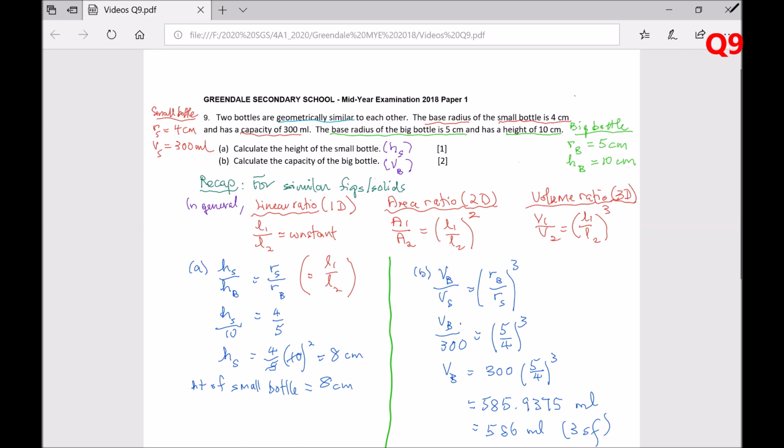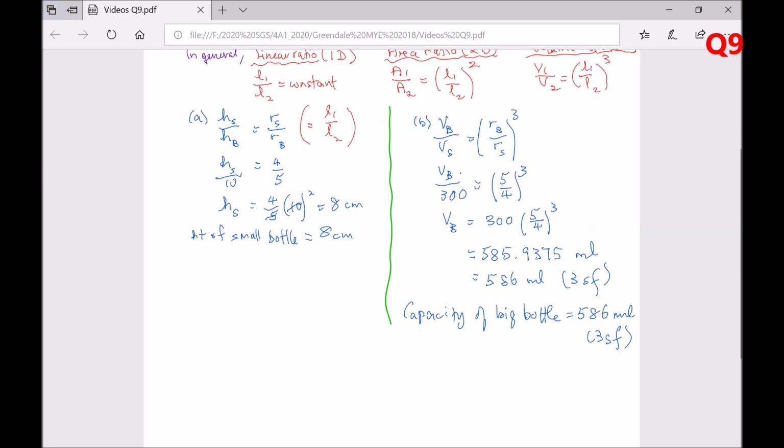So we substitute the value for the volume of small bottle, radius of big bottle, radius of small bottle. So VB, which is the volume of the big bottle, is 300 times the cube of 5 over 4.